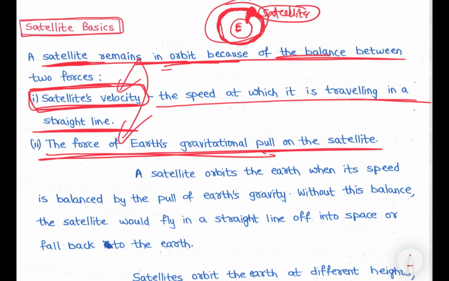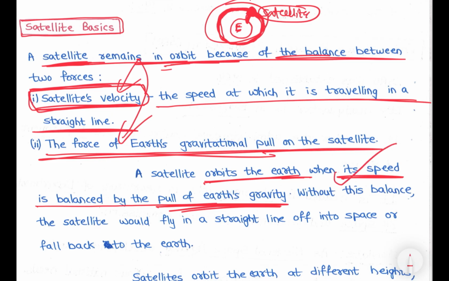So a satellite orbits the Earth when its speed is balanced by the pull of Earth's gravity. अब ज्यादा स्पीड में भी जाएगी तब भी सैटेलाइट ऑर्बिट से निकल जाएगी, स्पेस में चली जाएगी, और कम स्पीड में भी नहीं चलेगा.